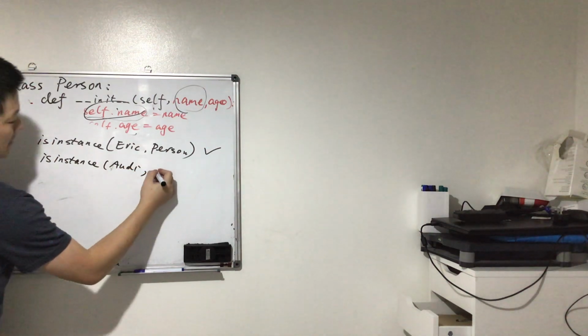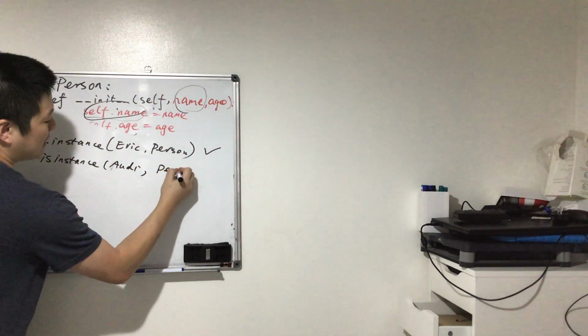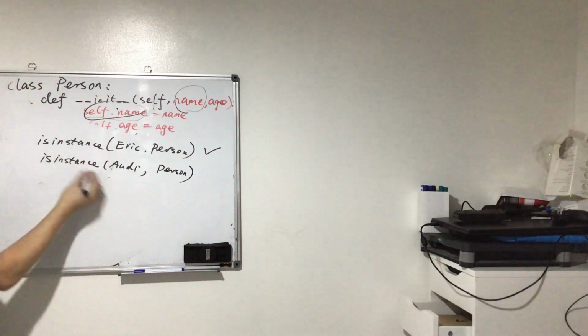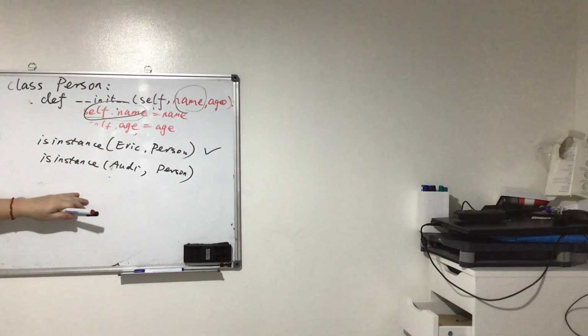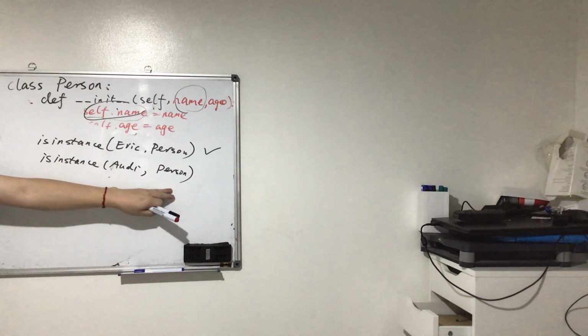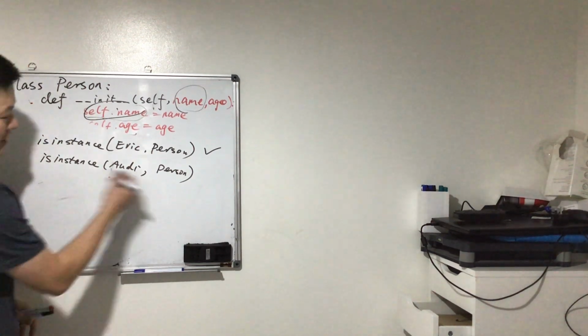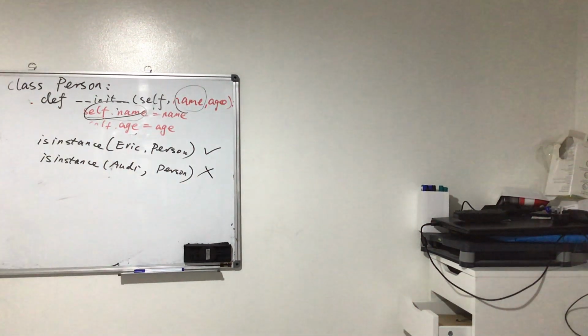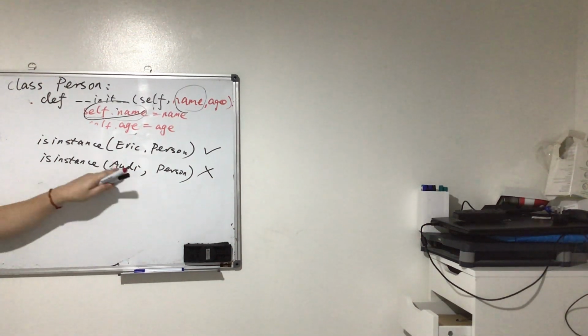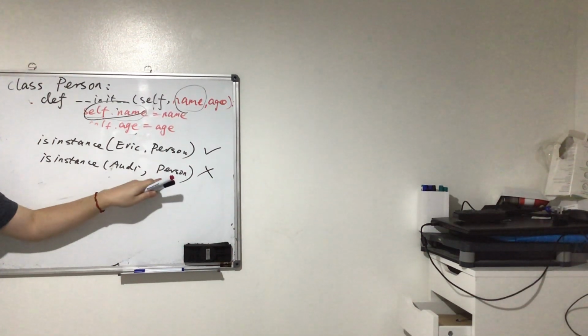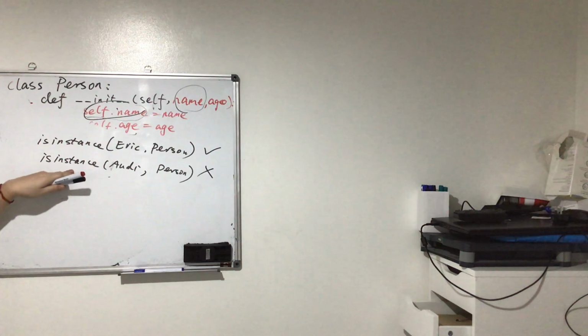Is it an instance of person? Does Audi belong to the person class? No, because Audi is not a person. So this is a simple function to check if the object is an instance of a class.